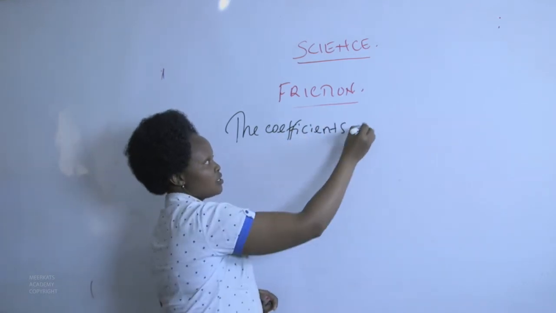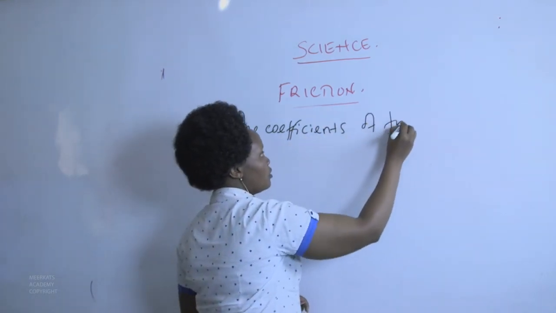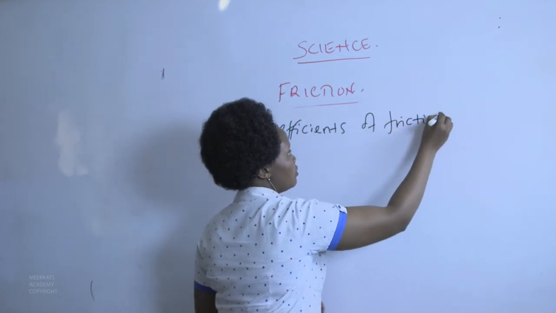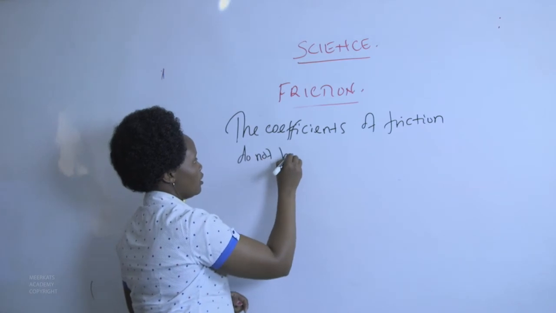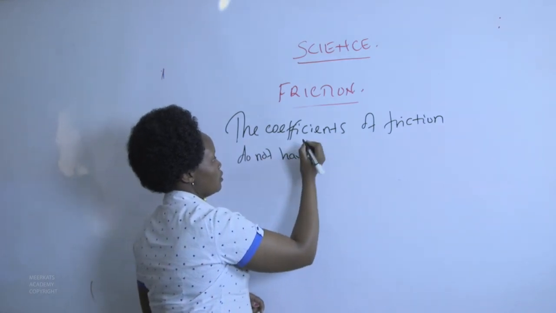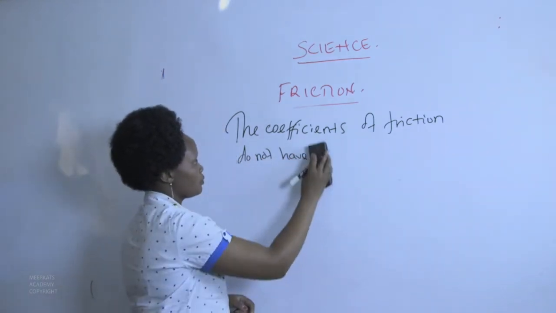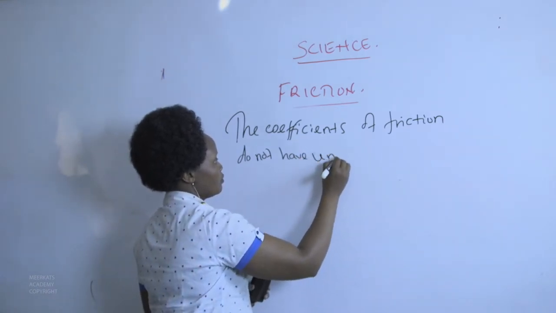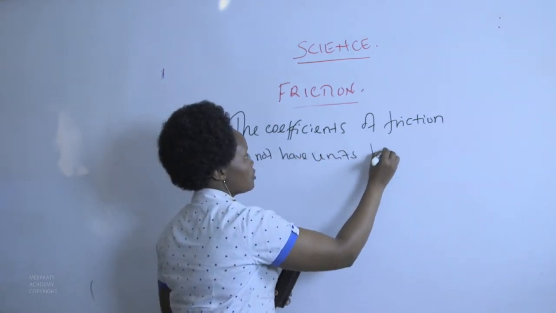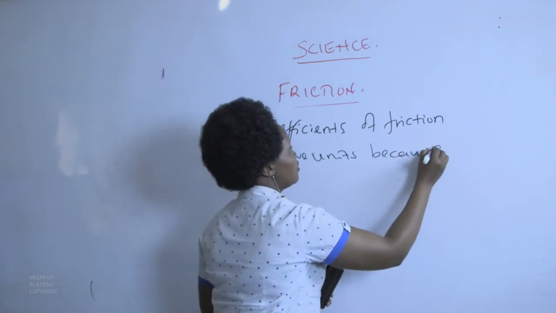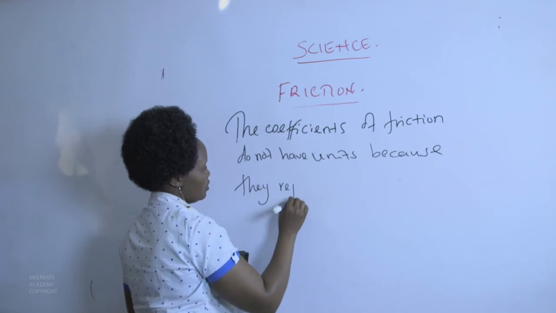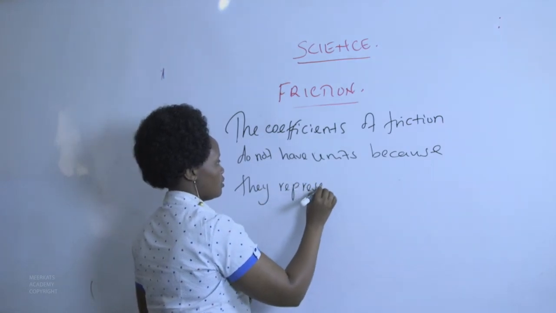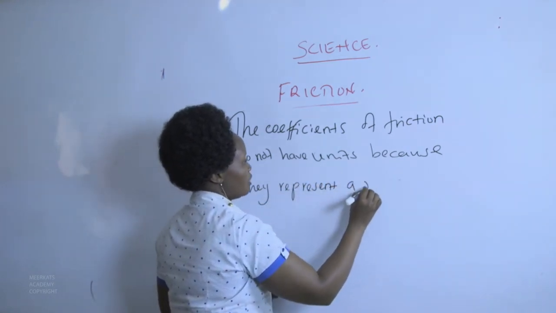Coefficients of friction do not have units because they represent a ratio.